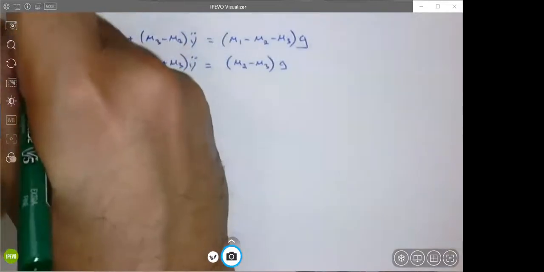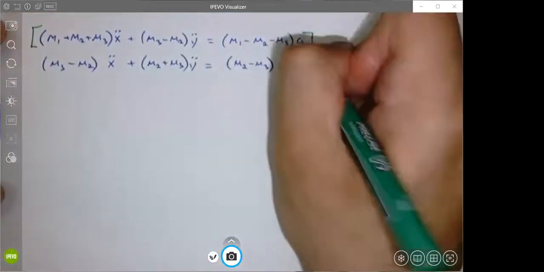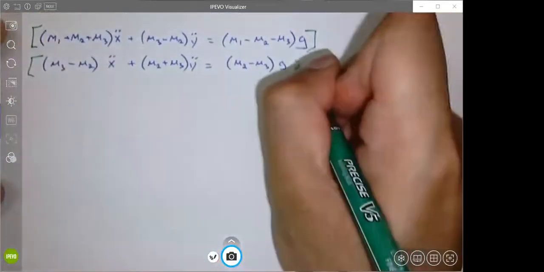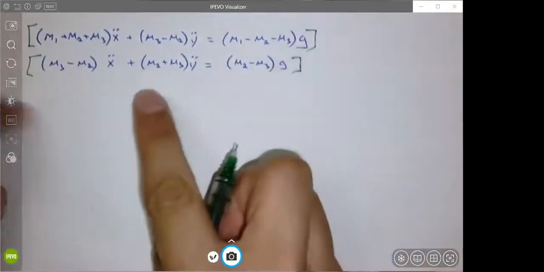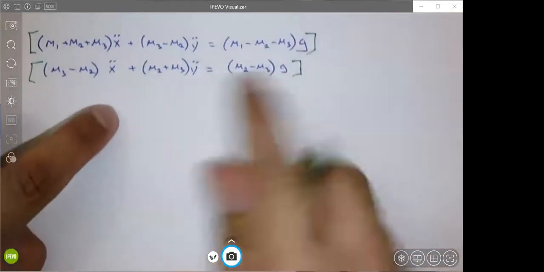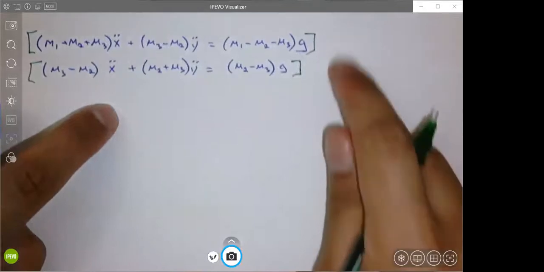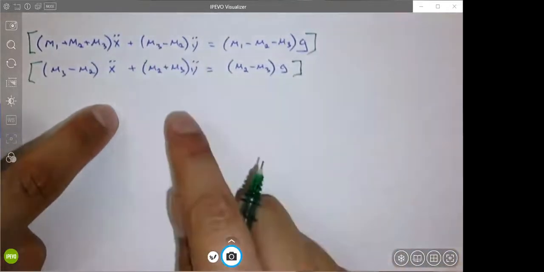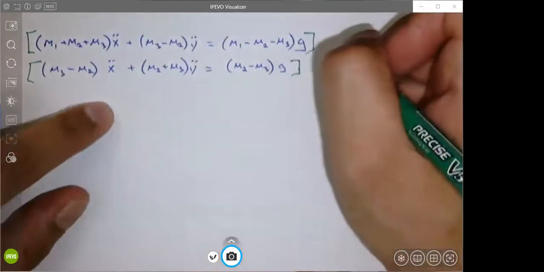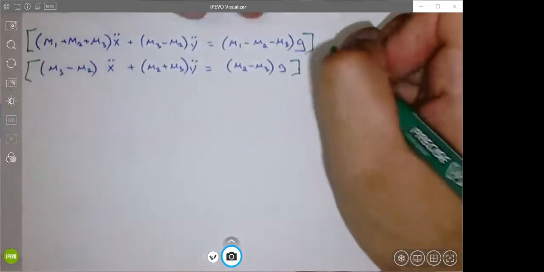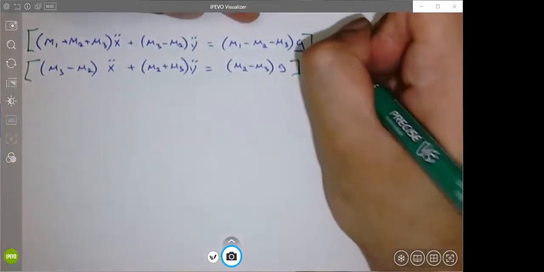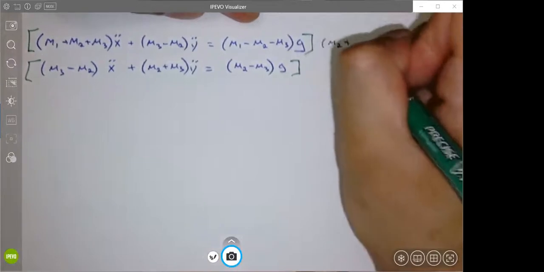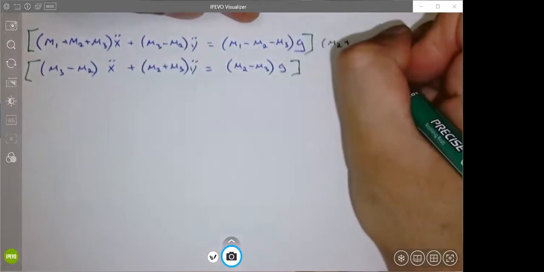So I'm going to distribute both sides in a way to get rid of this y value. I'm going to multiply the top by something and the bottom by something to get rid of that y term. What I'll do is multiply the top by m2 plus m3.